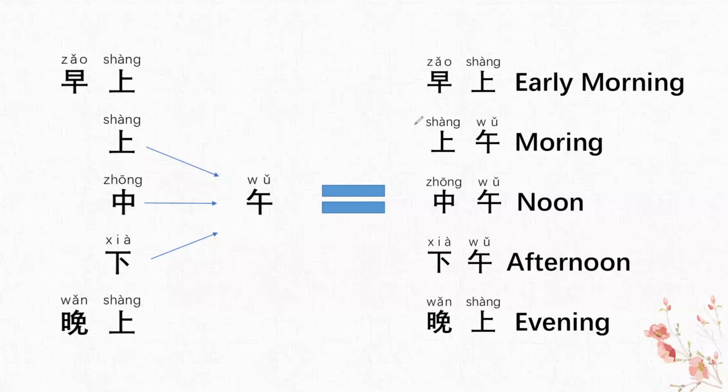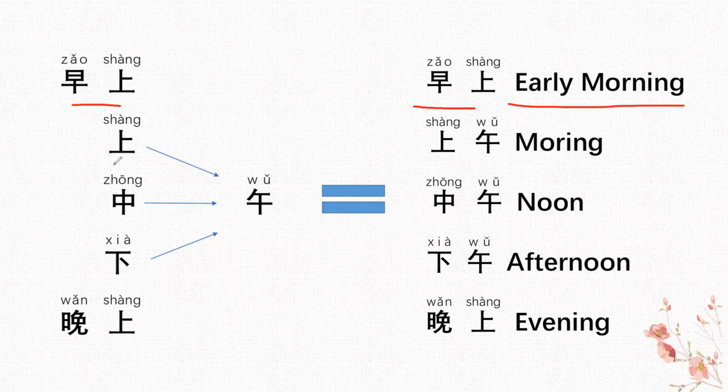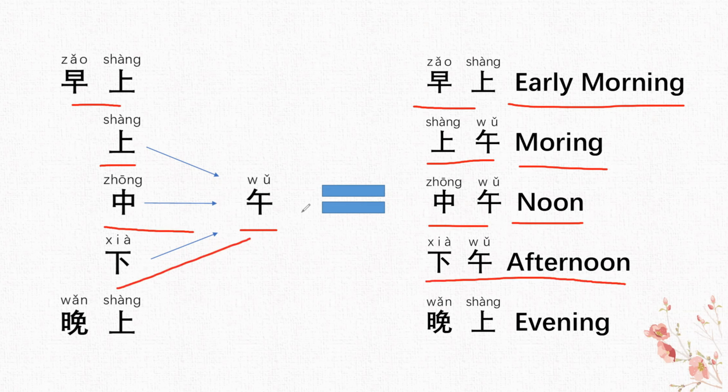Follow me to read it together. 早上 early morning, and then I combine those two together. 上午 morning. 中午 is noon. 下午 afternoon. 晚上 evening. So now I will clear my screen.